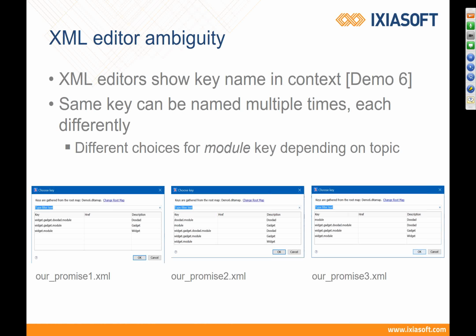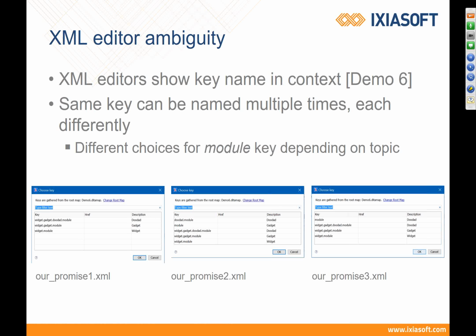For example, if they just choose to insert module, then they need to understand that now they've got an unqualified key, which is more flexible, because now they can just drop that topic with that unqualified module key anywhere.